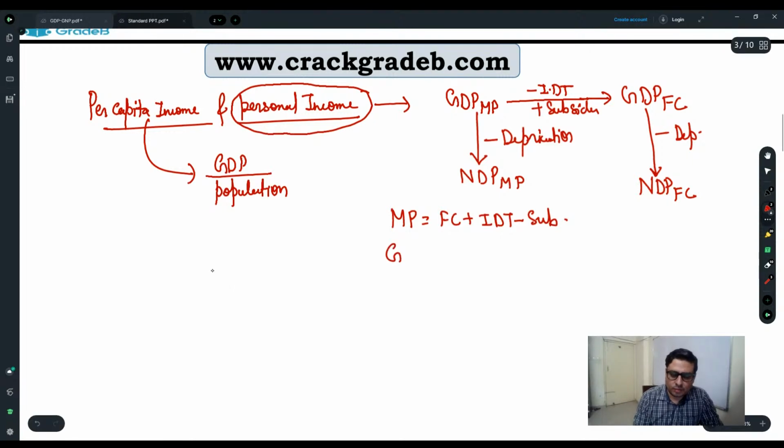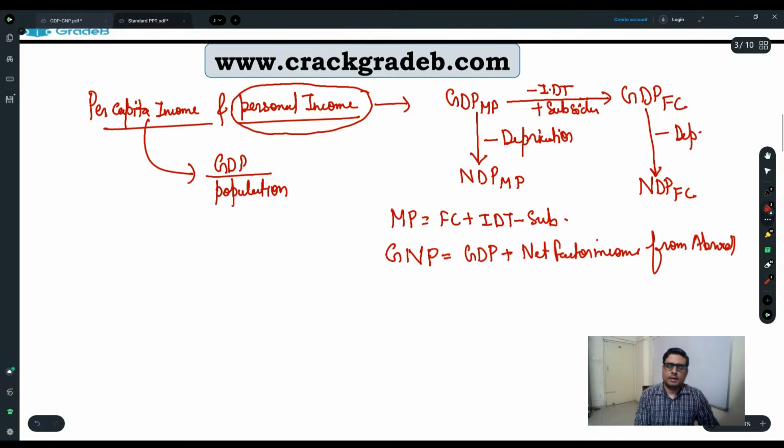Another formula we did is GNP. GNP is equal to GDP plus net factor income from abroad, right?